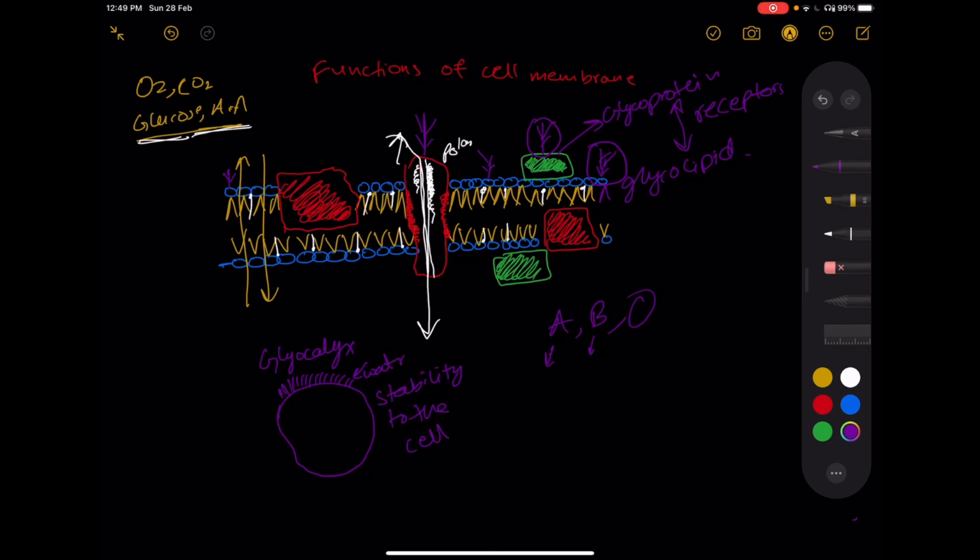Okay. Now, one last thing. These little white molecules that I have drawn over here, you might remember them as cholesterol. I told you that cholesterol has a polar head and a non-polar tail. The main function of cholesterol is to regulate the fluidity of the cell membrane.